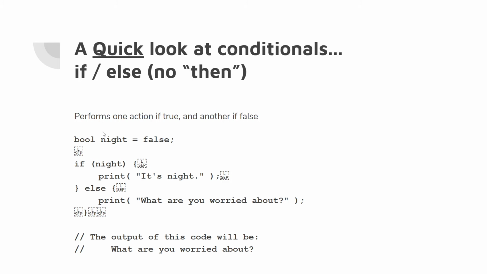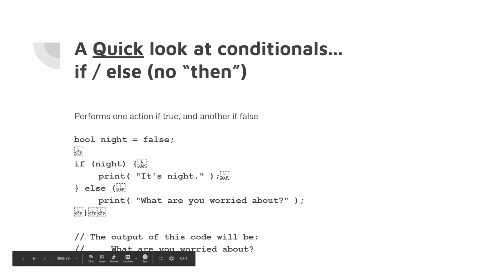For example, here we say night is false, and if it's night, you shouldn't be concerned about anything. Werewolves don't come out at night. But you might say, if night, print it's night, else print what are you worried about? Or you could say print it's not night, right? So the output of this code is simply, what are you worried about?